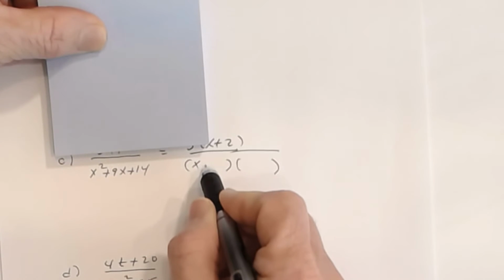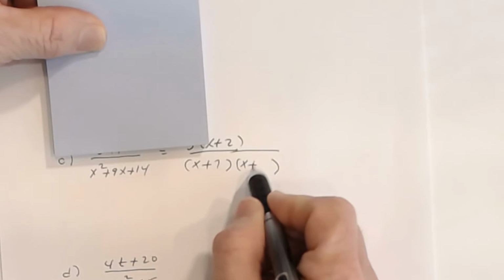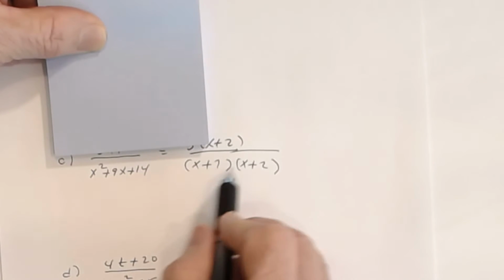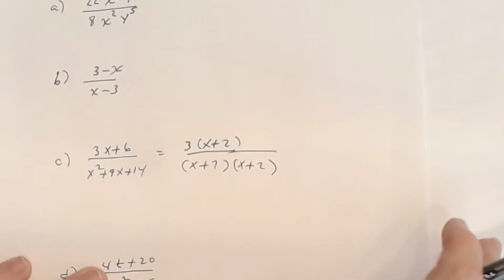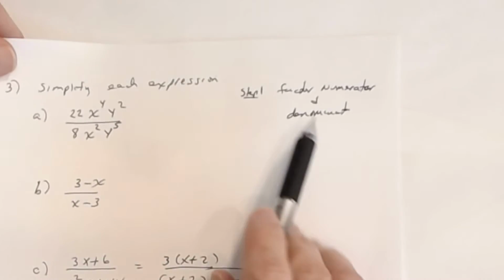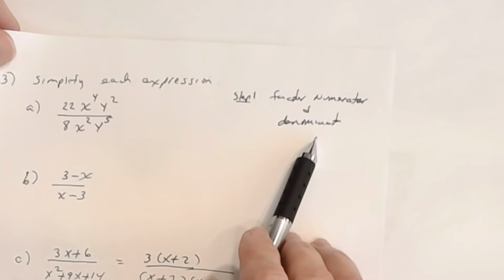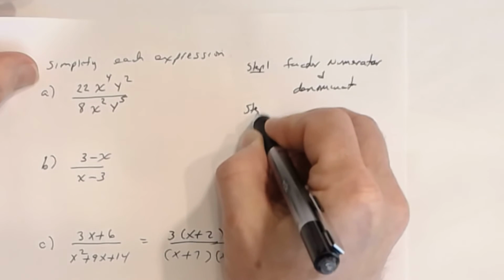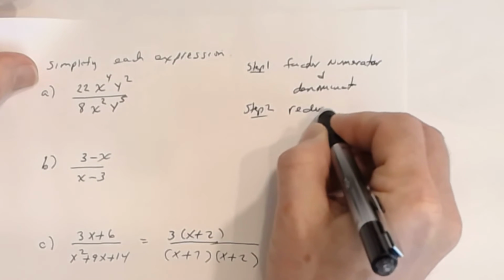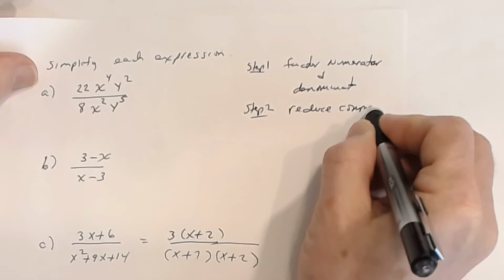So that becomes x plus 7 times x plus 2. So that product is this. So I factored, so step one is to factor numerator and denominator. And I did that. Step two is to reduce common factors.